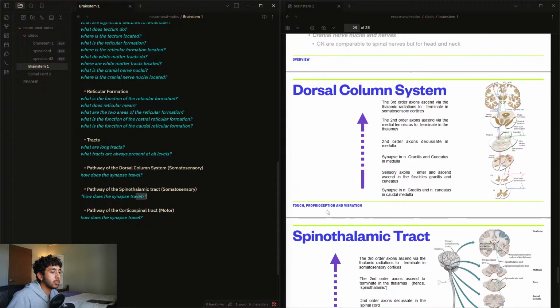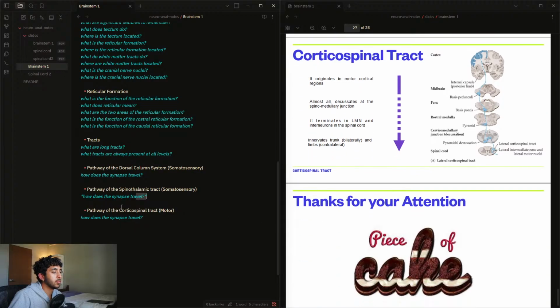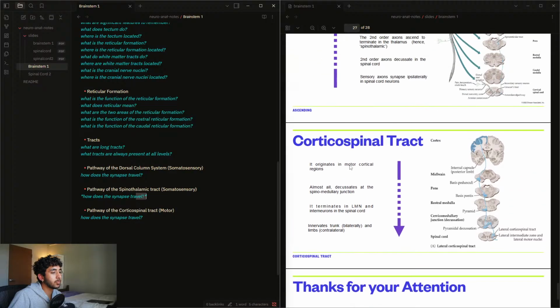Dorsal, spinothalamic. Okay, and then they left out the spinocerebellar tract, right?